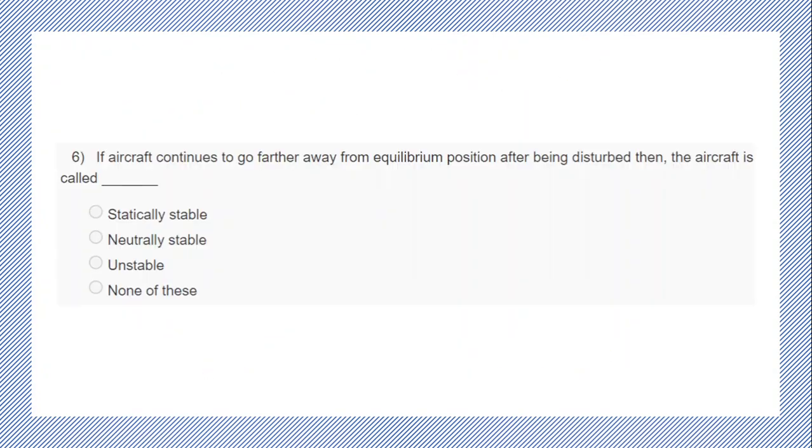If an aircraft continues to go farther away from equilibrium position after being disturbed, then the aircraft is called statically stable, neutrally stable, unstable, or none of these. So it is unstable, right? If it continues to go further away from equilibrium position, it doesn't show any tendency to come back to stability.